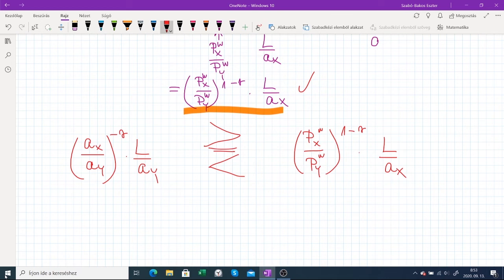Okay, let's see this expression. We have the labor supply on the right-hand side of the equation and the left-hand side of the equation.